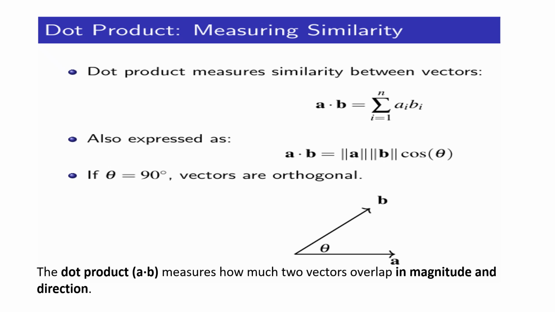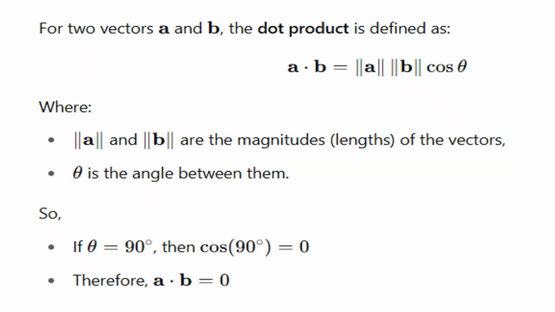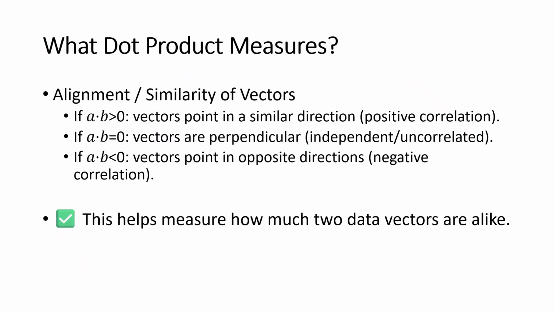This is the formula that we are going to use to measure the cosine similarity. A dot B is equal to the sum from i equal to 1 to n of ai bi. Now, an example for a negative correlation can be like, when the age of a car increases, the price that we get for the car may decrease.